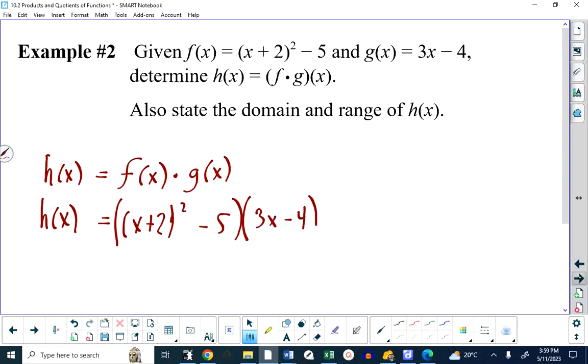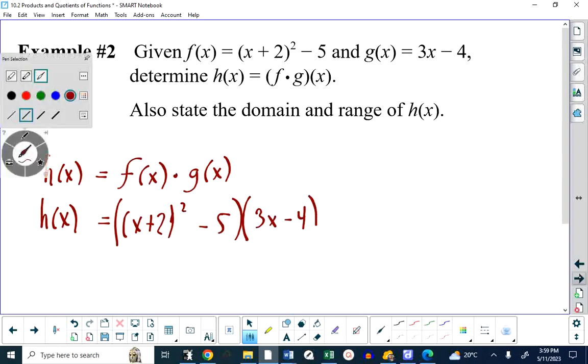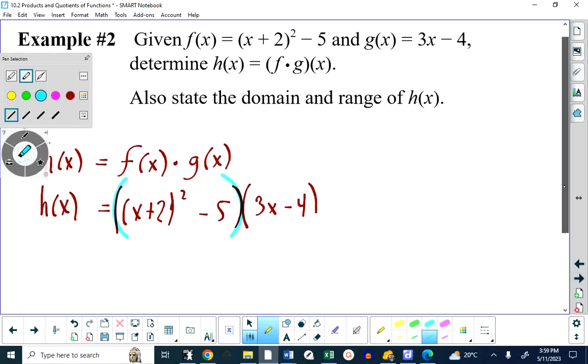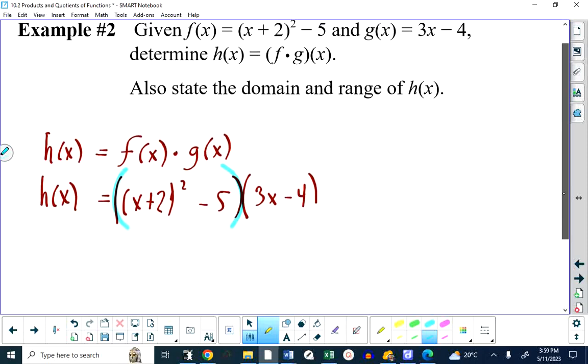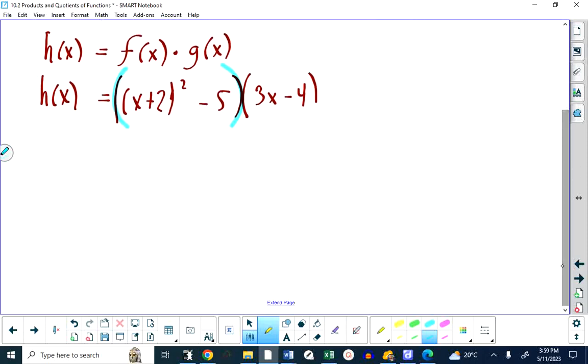I hope everybody is clear on this large set of brackets and its necessity. I have to multiply all of f of x by g of x. So what I'm going to do first, and we are expected to simplify this, is figure out what (x plus 2) quantity squared is. Of course, x plus 2 squared means x plus 2 multiplied by x plus 2.